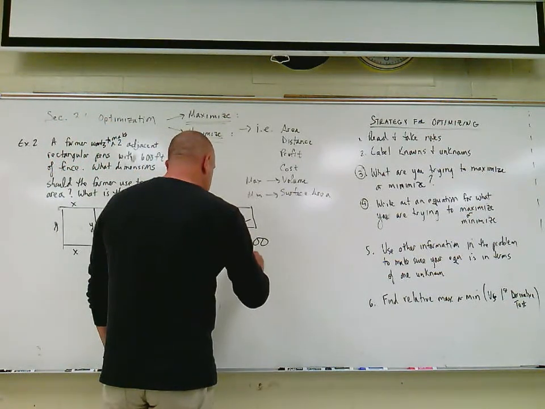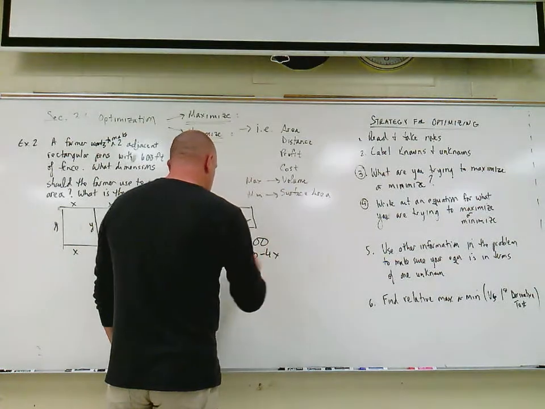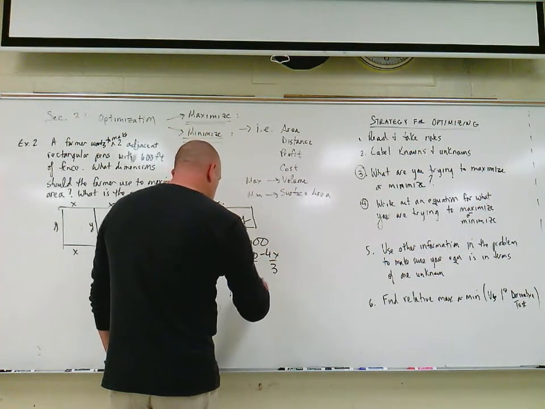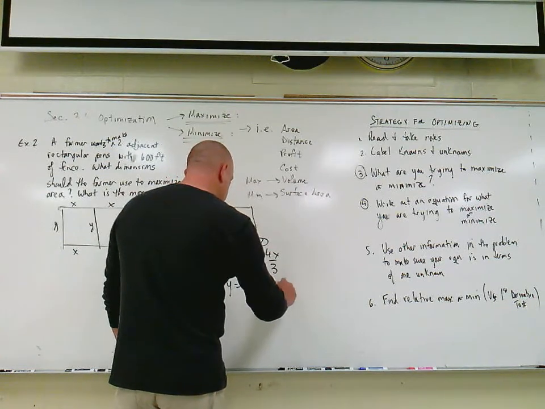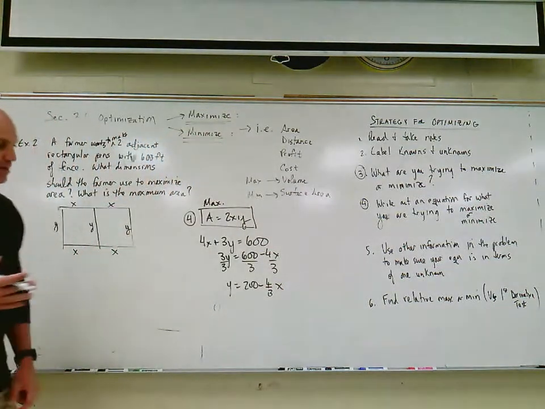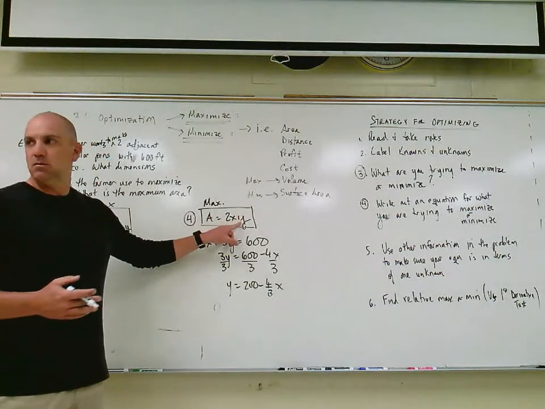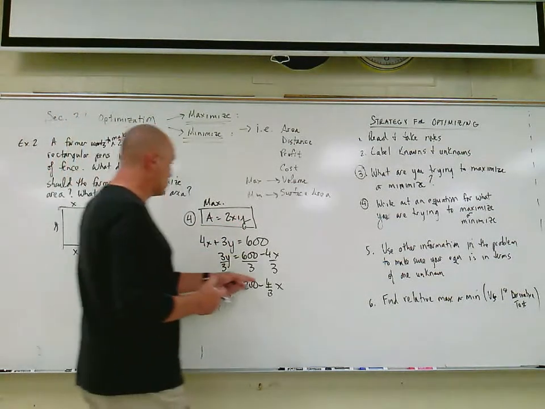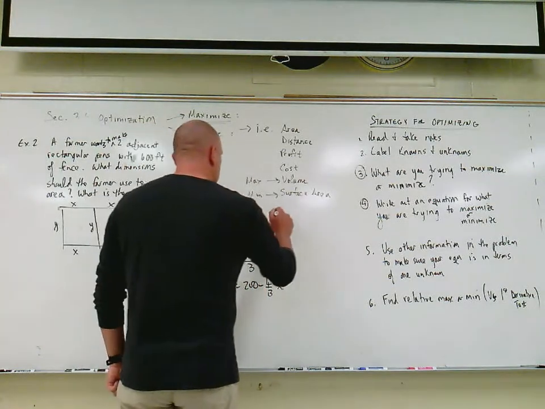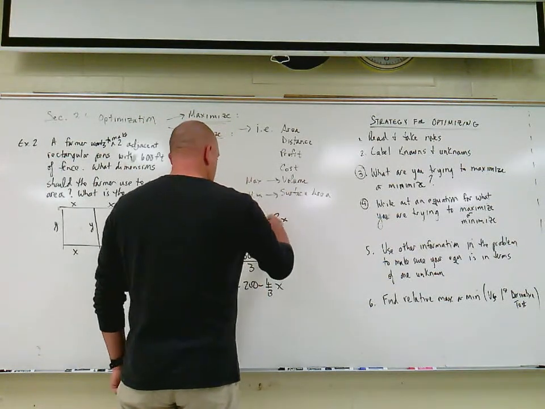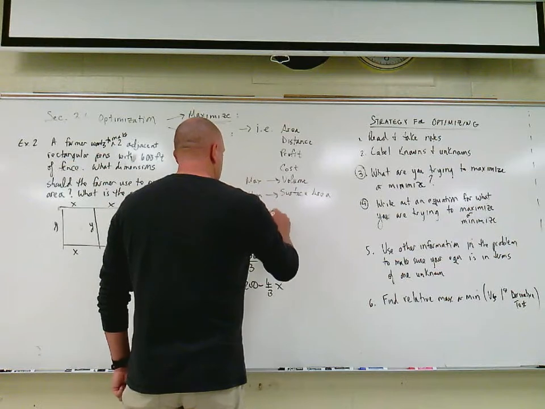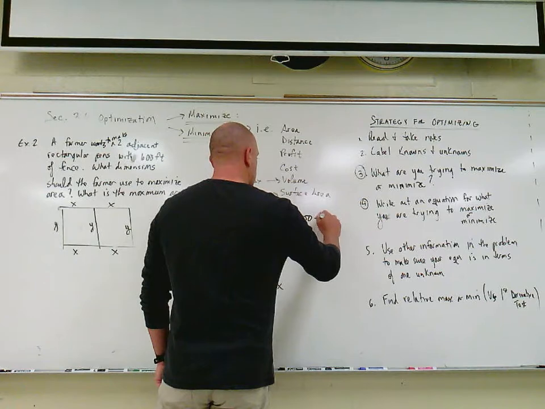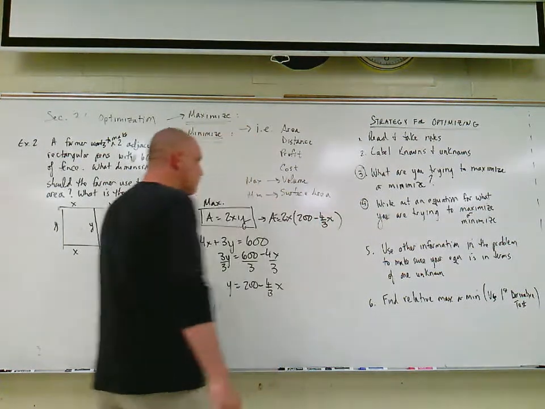3y is 600 minus 4x, divide by 3, and I get y is 200 minus 4/3 x. Once I get that, I can replace the y in my equation with 200 minus 4/3 x. So area is 2x times (200 minus 4/3 x).